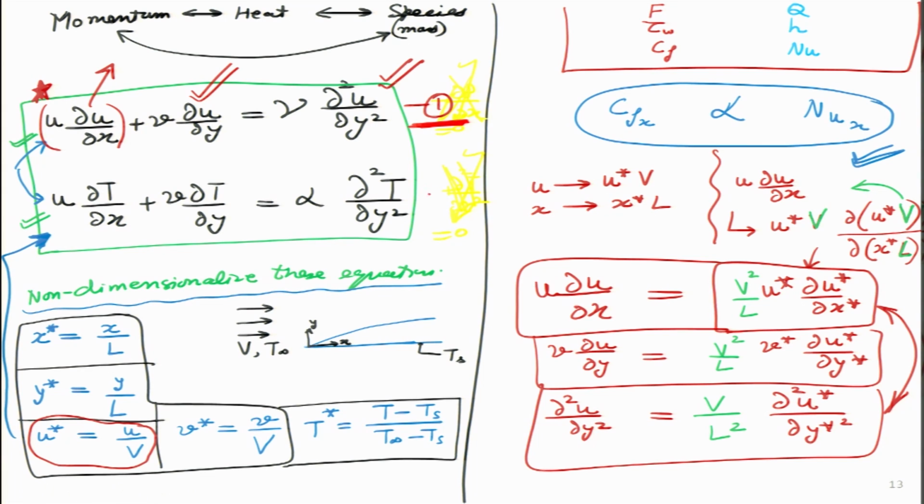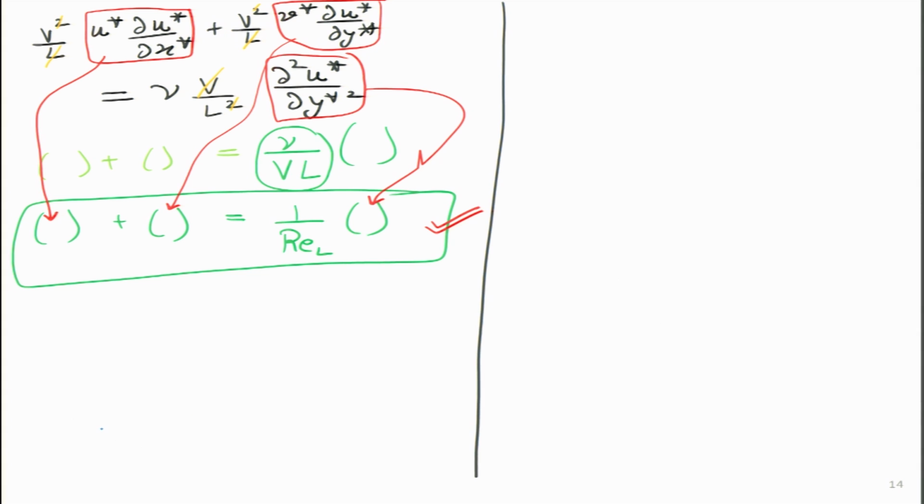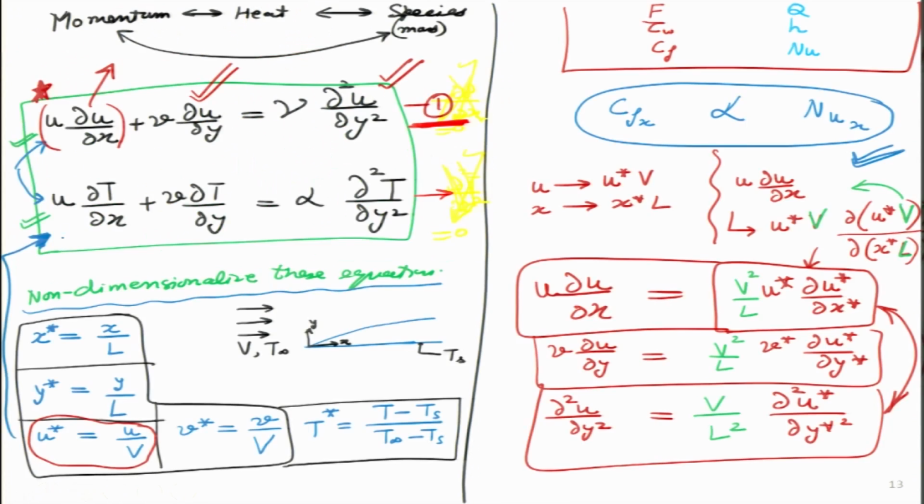Let us quickly do non-dimensionalization of equation number 2 also. This one I will do a little bit fast because the process is exactly the same. The equation was u del T by del x over here. So, what will we get?